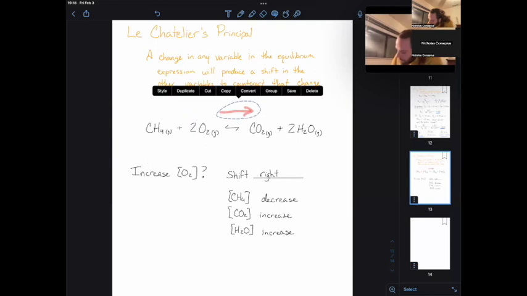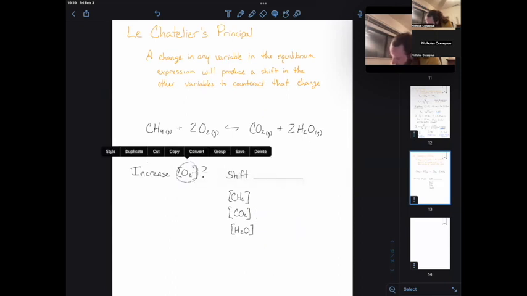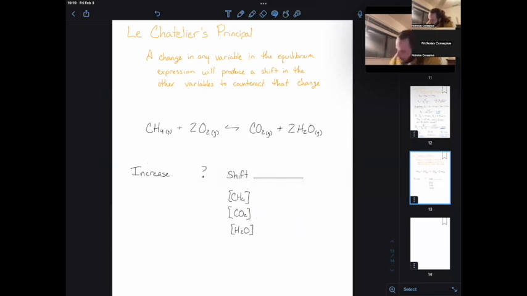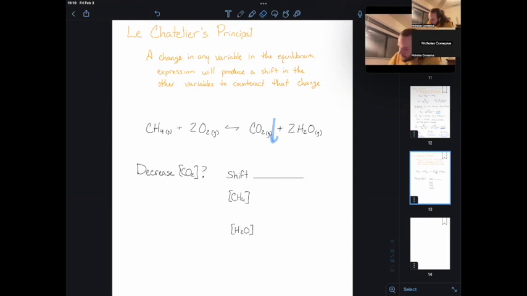Okay. What about, let's just clear all this off. Let's say that I decrease the concentration of CO2. All right, so this goes down. How will that shift things in this system?